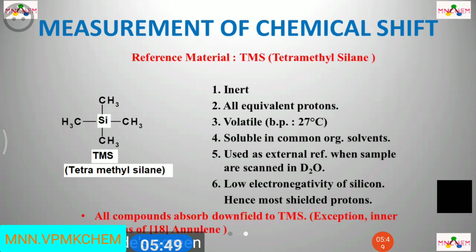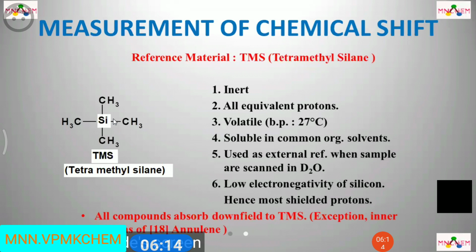For that, we need an internal reference or internal standard, and the commonly used internal reference is tetramethylsilane, also denoted as TMS. The structure is written here, where silicon is attached to 4 methyl groups.